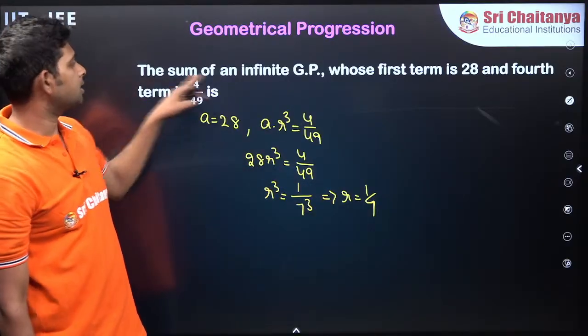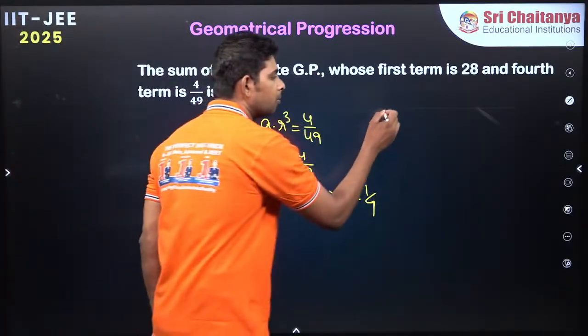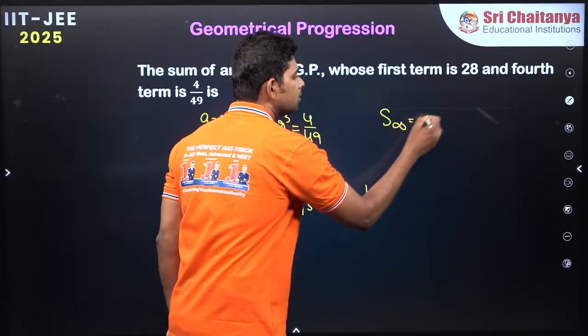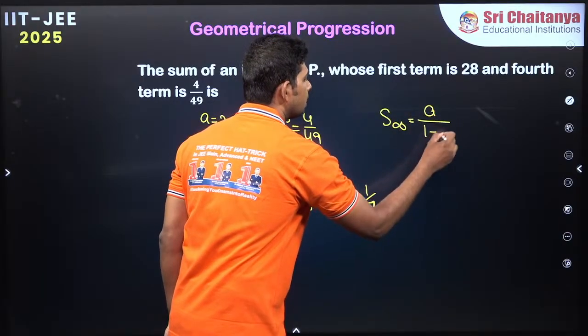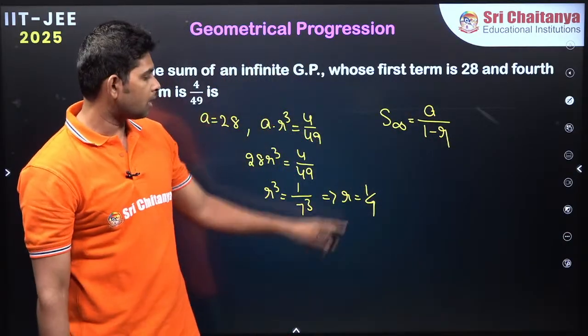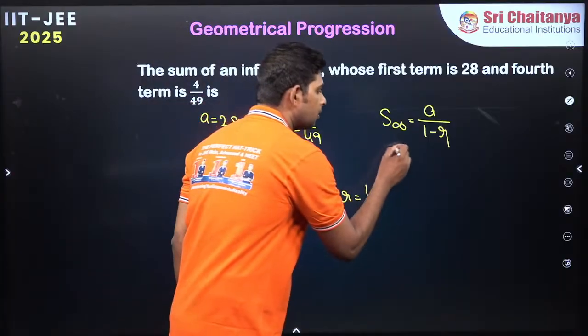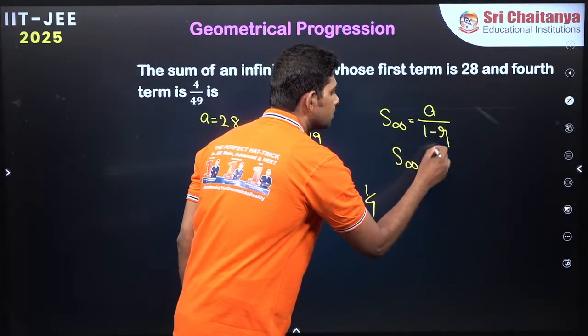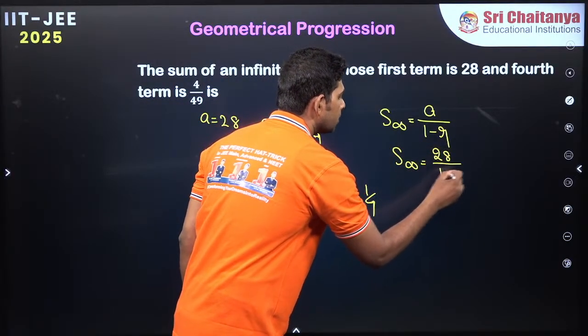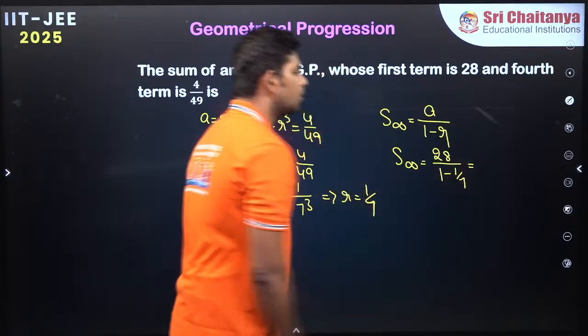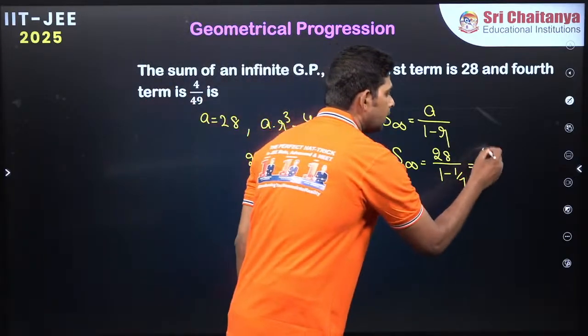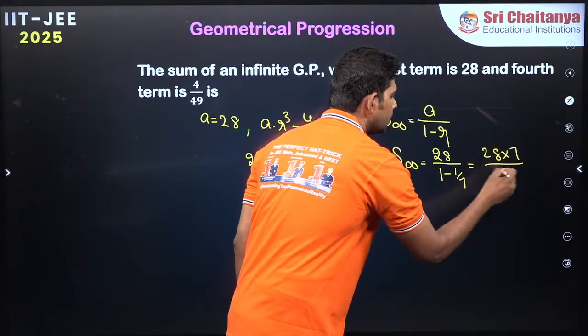Now what do we need to find? The sum of the infinite GP. Just now I have given the formula. S infinity is equal to the first term divided by 1 minus the common ratio. R value we have, A value we have. We just have to write here S infinity is equal to 28 divided by 1 minus 1 by 7. Which gives us 28 into 7 divided by 6.